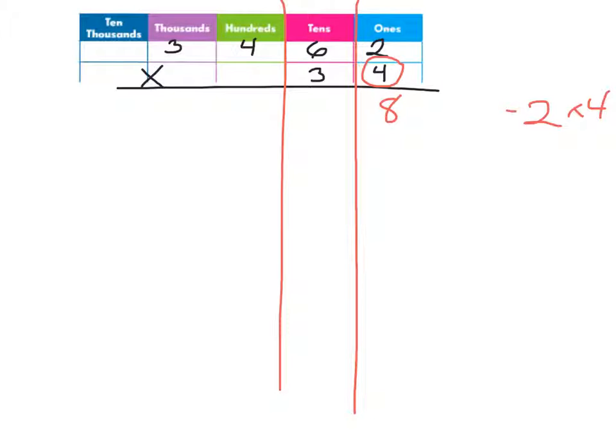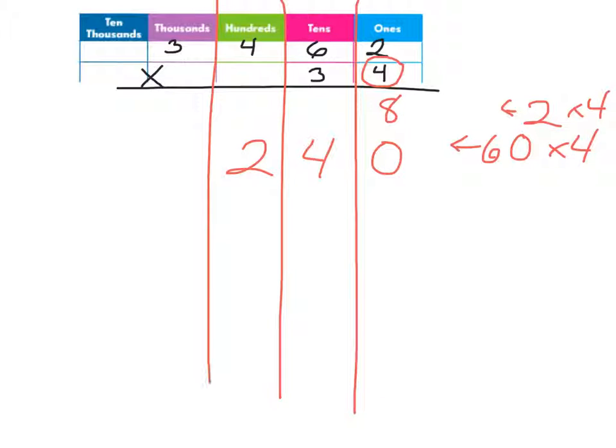Move to the tens column. We have 60 times 4 equals 240. Move on to the hundreds column, and we get 400 times 4, which is 1,600.